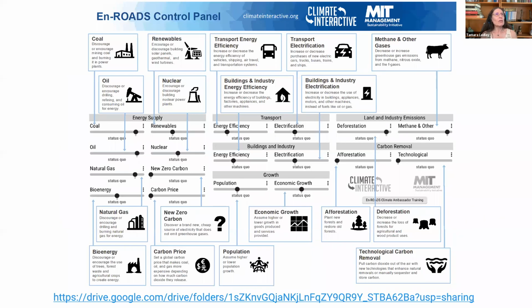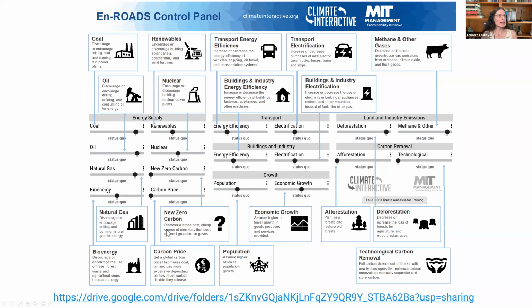And if you go to the Google folder, you will see this document here, and it just gives you an idea of what pulling these different sliders means. So for example, coal would be you're discouraging or encouraging the mining of coal and the burning of it in power plants. Or if you're down here with population growth, you assume a higher or lower population growth.